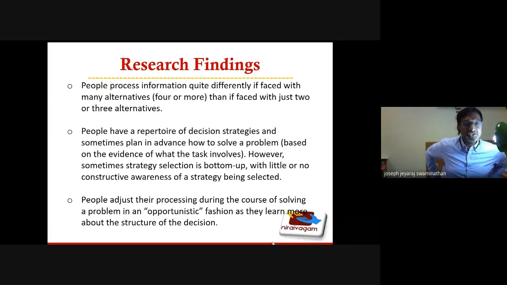The third is people adjust their processes during the course of solving a problem in an opportunistic fashion as they learn more about the structure of the decision. This is where our cognitive skills come into effect. You are thinking, rationalizing, evaluating. As you go through, you are flexible, you change. Say, for example, a student is asked to choose a college in Chennai, maybe 3 or 4 colleges.